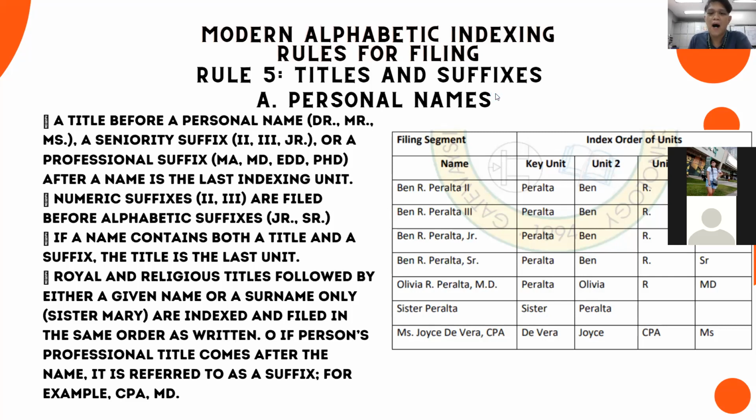Sample: Ben R. Peralta the second, Ben R. Peralta the third, Ben R. Peralta Jr., and Ben R. Peralta Sr. Ben R. Peralta Sr. is the eldest, the oldest, followed by Ben R. Peralta Jr., then Ben R. Peralta the second, and Ben R. Peralta the third.